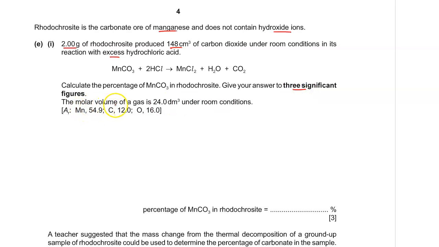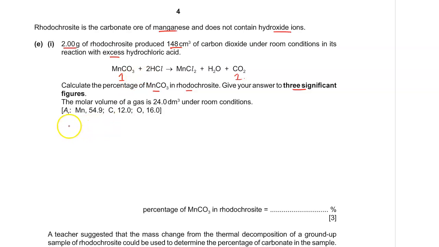The molar volume of a gas is 24 dm cubed under room condition. So we need to calculate the percentage of this in rhodochrosite. We need now to see how many moles of carbon dioxide were produced, and you can see that 1 mole of carbon dioxide was produced to 1 mole of manganese carbonate. So 1 to 1. So the number of moles of carbon dioxide produced would be the same number of moles of manganese carbonate.